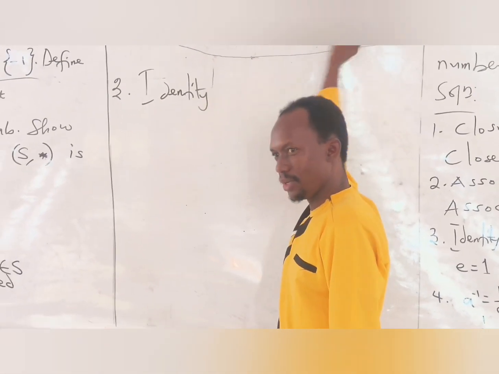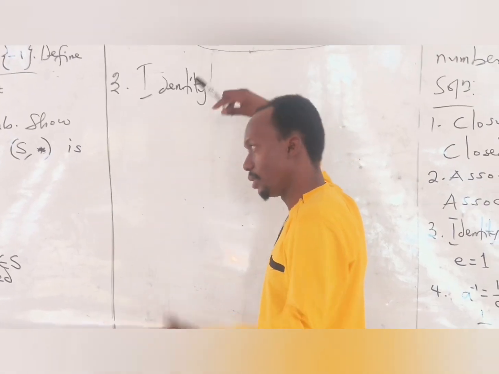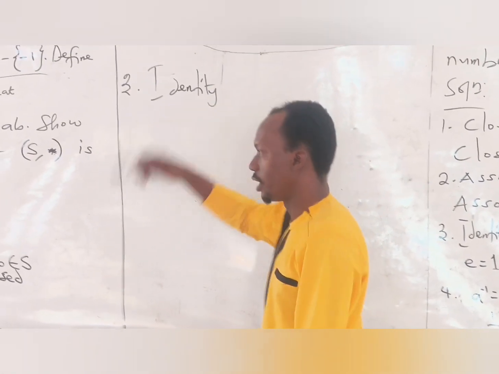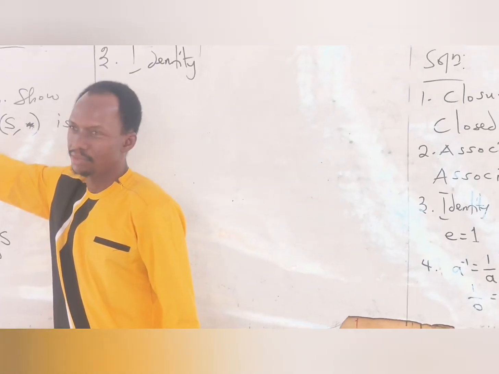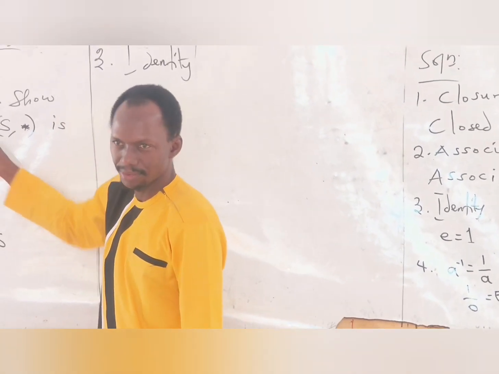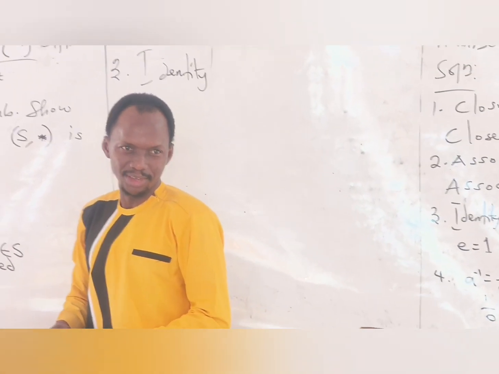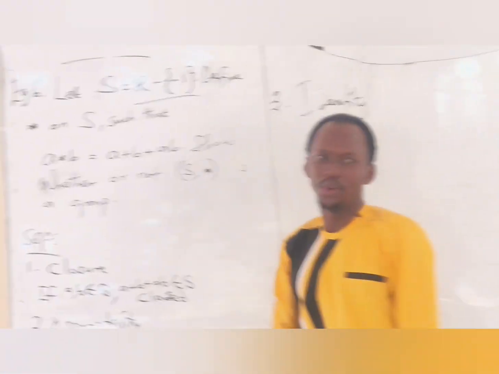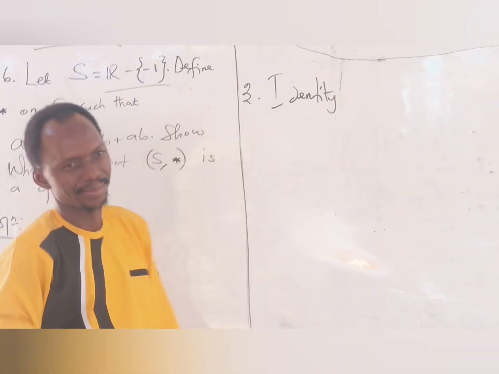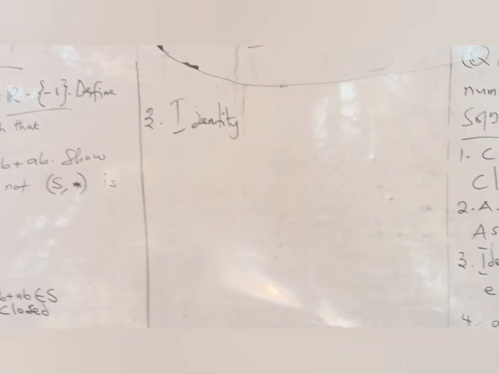Multiplication, addition, they were also our binary operations. And we also said under binary operation that we can describe the symbol. So here they have described it with a symbol for us. What is the definition? Are you watching? So you are going to use this to find what? Your identity element.